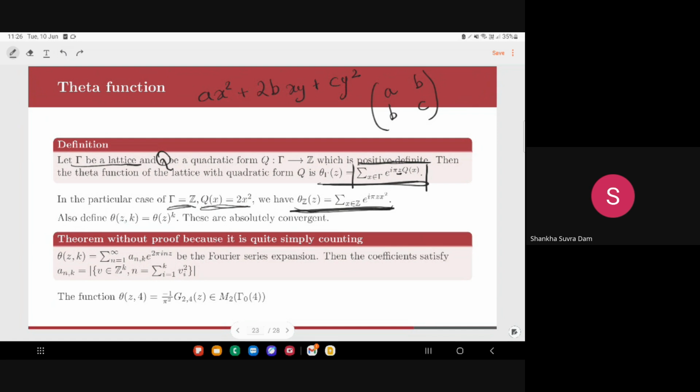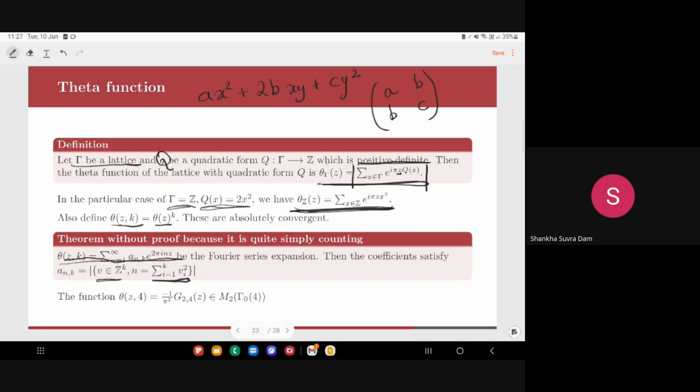Also define theta_k(z) to be this. These are absolutely convergent. Theorem, without proof again: let this be the Fourier expansion. Then the coefficients satisfy that they count the number of ways in which n can be written as the sum of squares of the entries of this vector v.